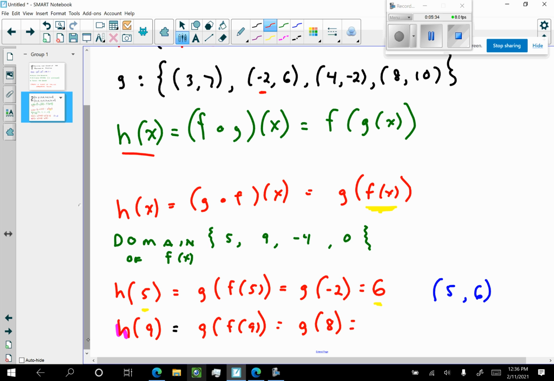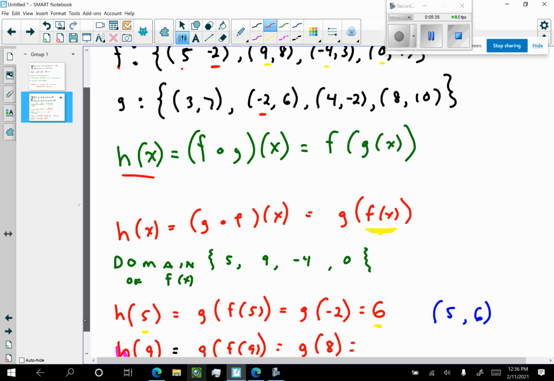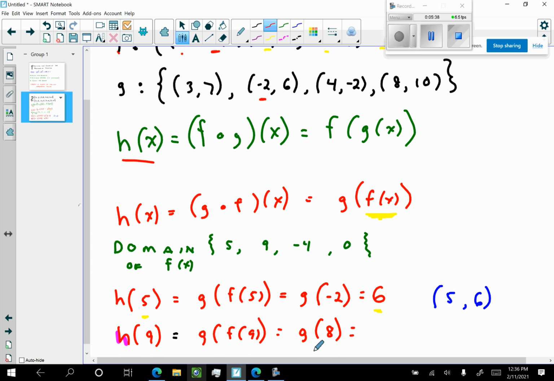Saba, can you tell me the output when g has an input of 8? I just joined because my internet, so. Oh, it's all right. Okay, well, I will tell you. G of 8 is 10. So another point on g of f is going to be input 9, output 10.